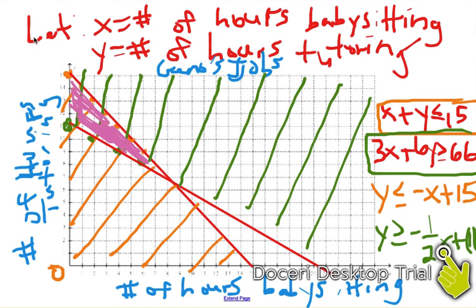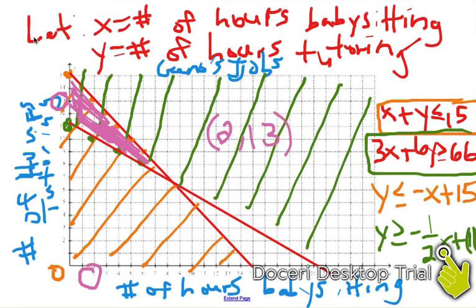So if I look at my, let's just make an example. If I look at my number of hours babysitting, I can go to 2 and match that up with, let's say, 13 hours tutoring. So I can make one possible solution be, and I'll just write it over here in the green section. My answer could be 2, 13.